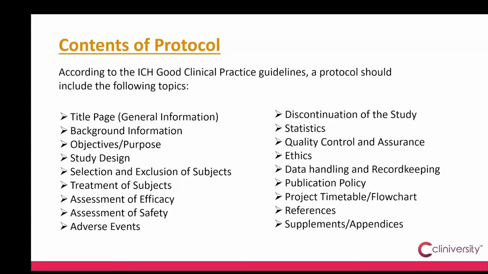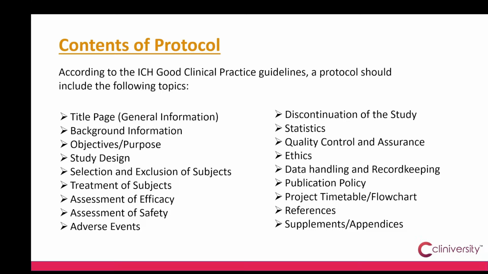And treatment of subjects, what sort of treatments we are giving to the subjects. Assessment of efficacy. So how the efficacy is assessed, how the safety parameter is assessed, how we are going to analyze and assess this safety and efficacy. And how to record the adverse events. In case there is an adverse event, how to record it.